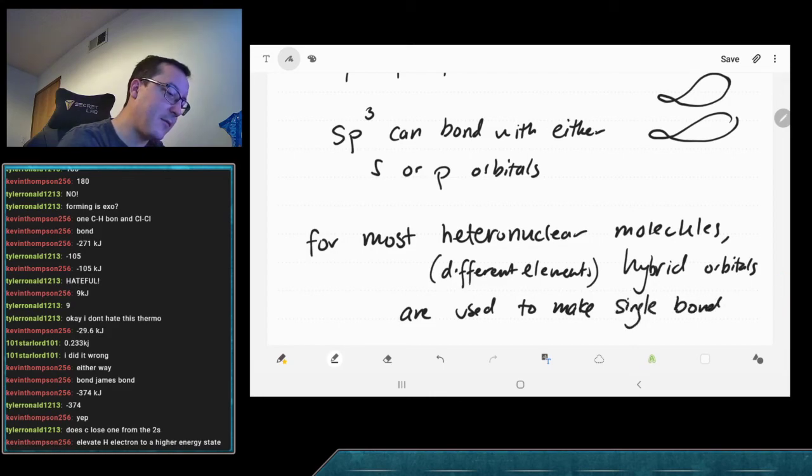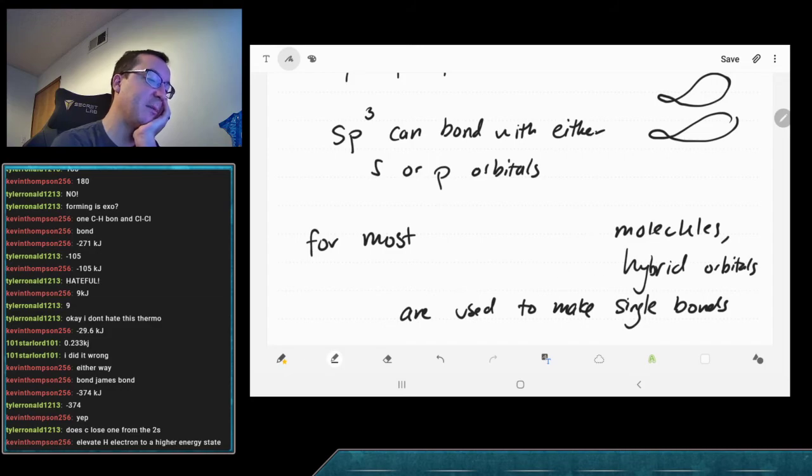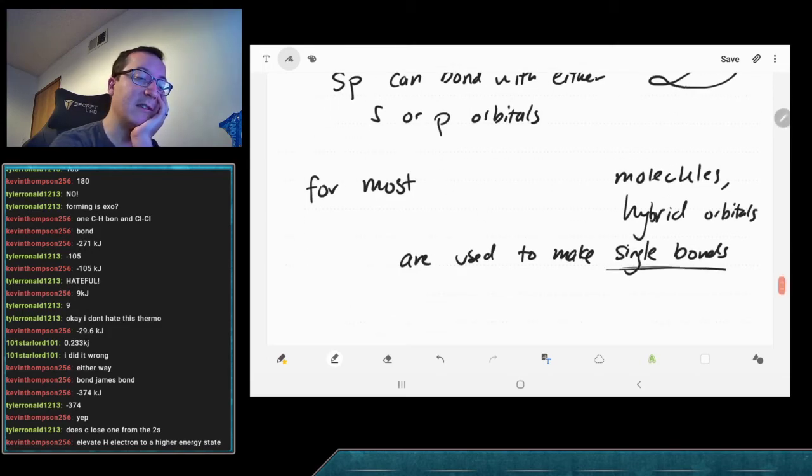And in fact, I'm not sure that I want to say this, but even for most homonuclear ones as well. You know what? Let's just erase this condition, because a lot of homonuclear ones will also use hybrid orbitals. And that's to make single bonds only.